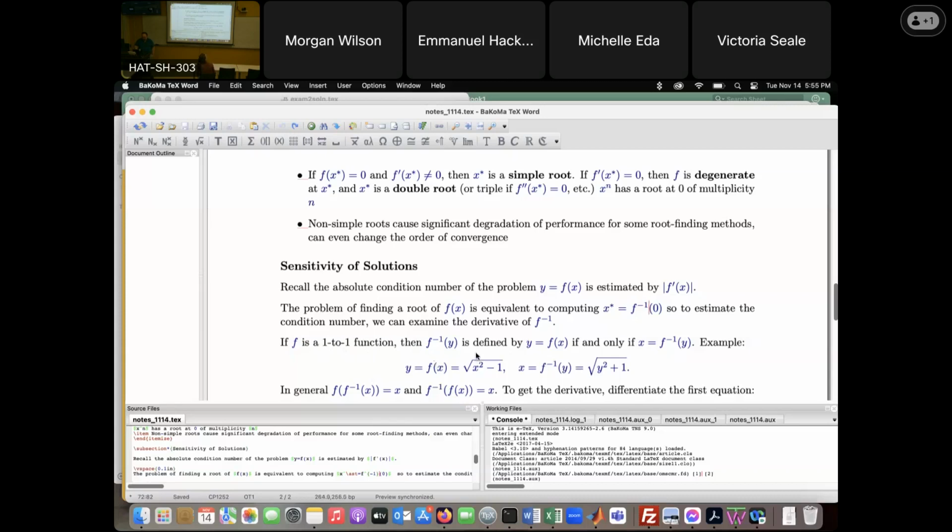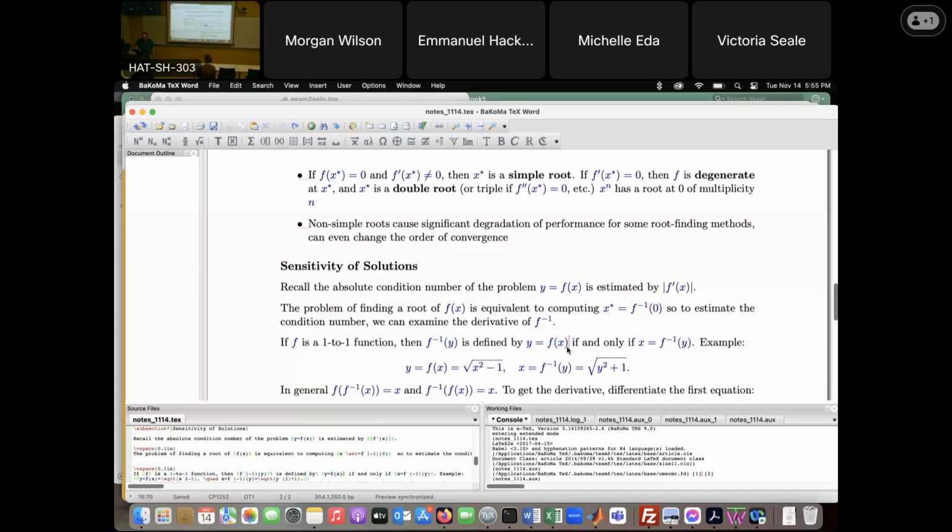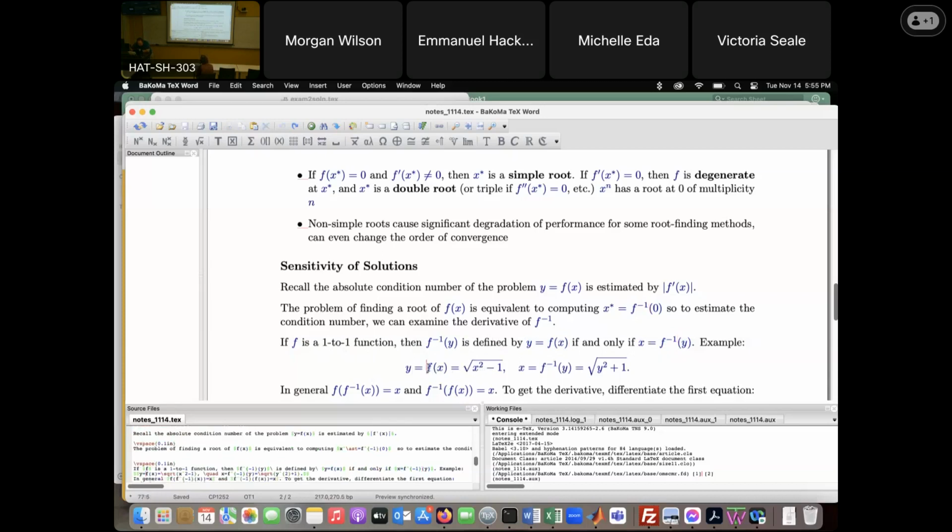So the way to find the inverse function is, y equals f of x is equivalent to x equals f inverse of y. As an example, here's my f of x, square root of x squared minus 1. I can take this equation, y equals square root of x squared minus 1, and solve it for x. And I get my inverse function, x is square root of y squared plus 1.